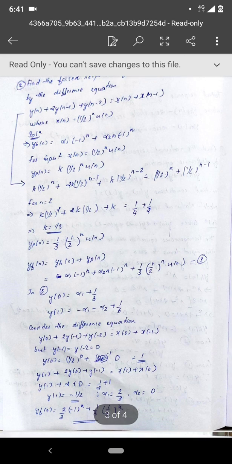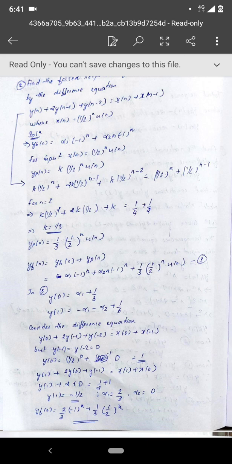So here we can see that it is repeated roots. So that is again the homogeneous function yh of n, which we have determined in the last question. Then here the difference is that we have the actual input, which is half raised to n u of n. Here you can see that the input is not in any way related or same as any terms of the homogeneous function.